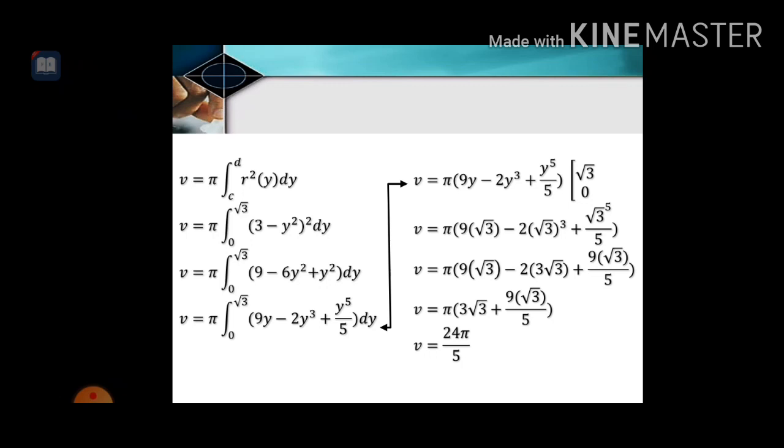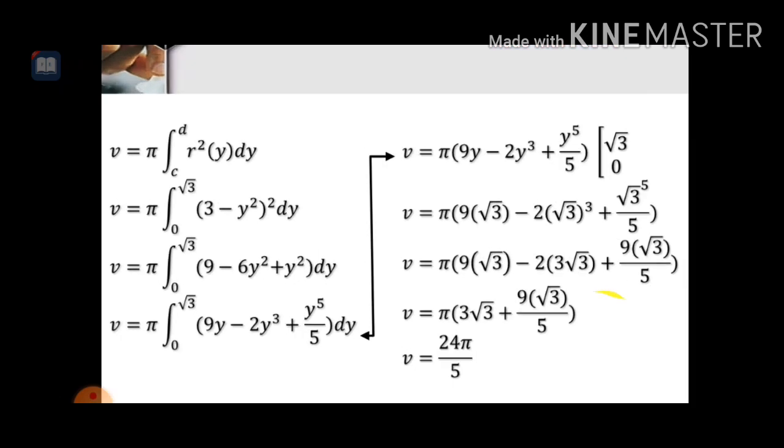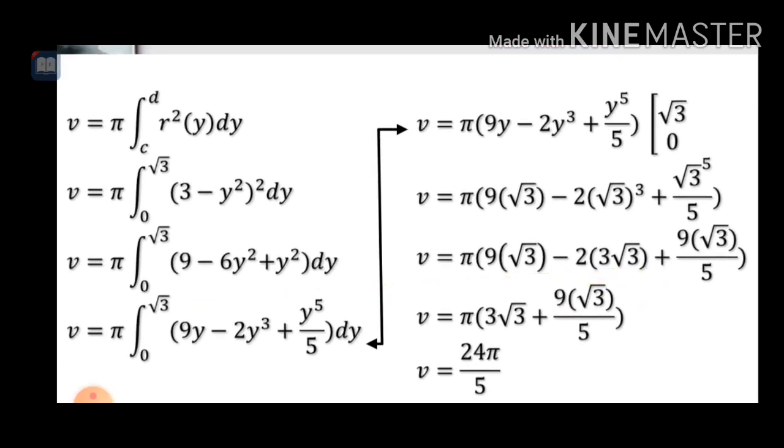V is equal to pi times (9y minus 2y cubed plus y to the power of 5 over 5), evaluated from 0 to square root of 3. So this is the continuation.